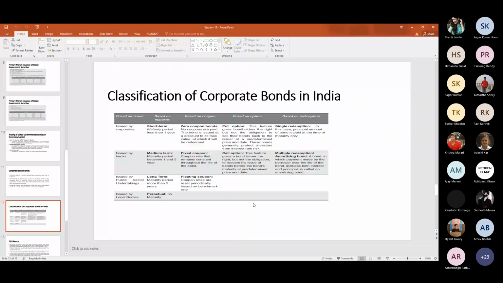So we have option based bonds also. Based on the option, the companies can issue the bond. One is the put option, bonds having the put feature, and the other is bonds having the call feature.